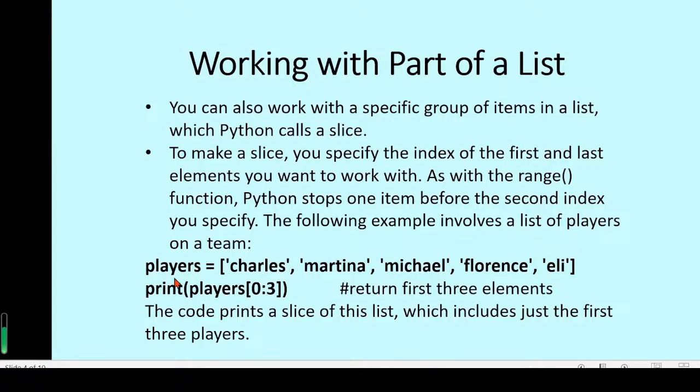This is a list with 5 players, and we can print players[0:3], then it will return the first 3 elements. So the code prints a slice of this list, which includes just the first 3 players.